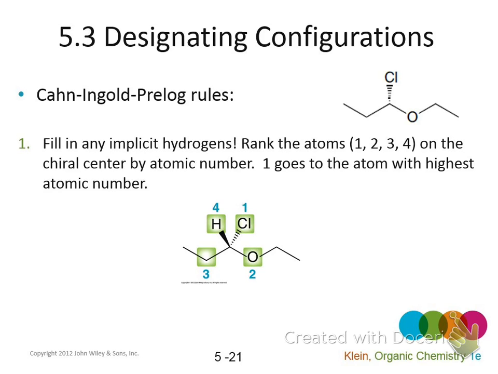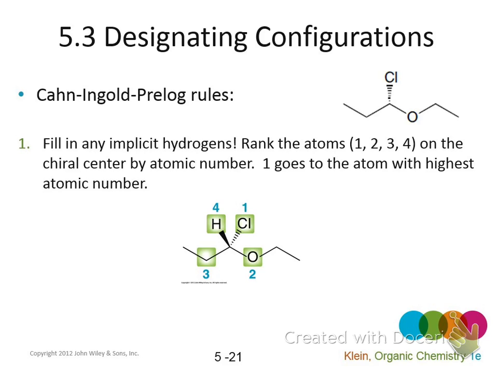Okay? Especially if there's a lone pair that's part of this process, because the lone pair should always be in the back. And if you have a hydrogen and a lone pair and you haven't written the hydrogen, then you're going to be really confused when you do this. Okay, so just be careful. Just write in any hydrogens and lone pairs on the chiral center.